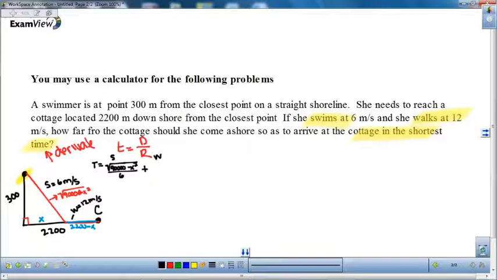And then we're going to have her time when she walks, which is 2,200 minus x over her rate that she walks, which is 12. I'm going to simplify this a little, so when I take the derivative and set it equal to 0, it's easier to do.